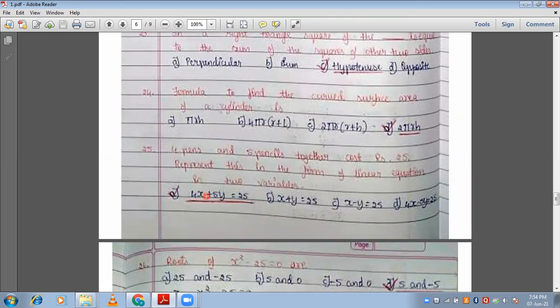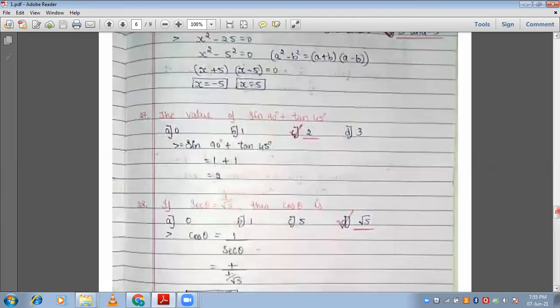Similarly, 5 pencils. Consider cost of one pencil is equals to y rupees. Then for 5 pencils, it will become 5 into y, which is equals to 25 rupees. So 4x plus 5y is equals to 25. Next question.